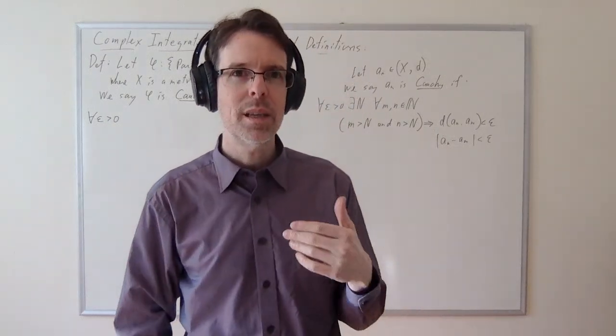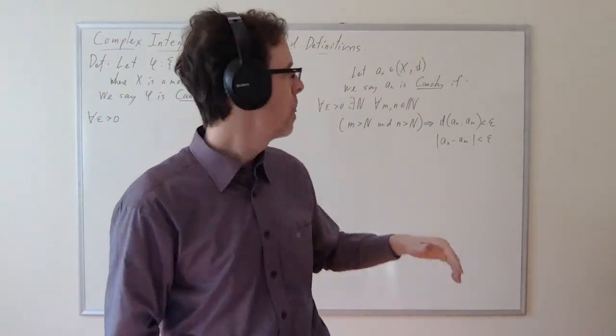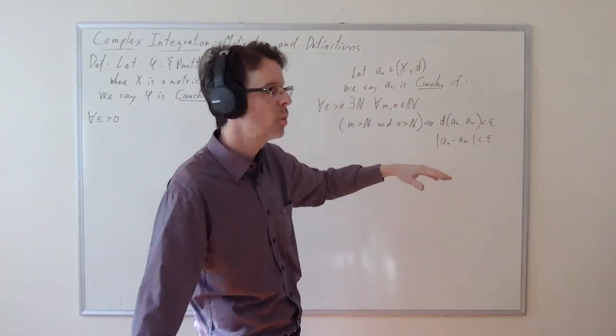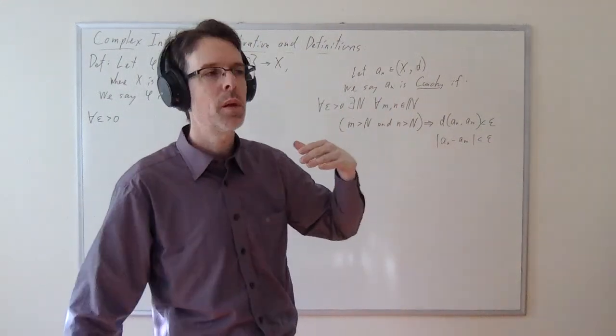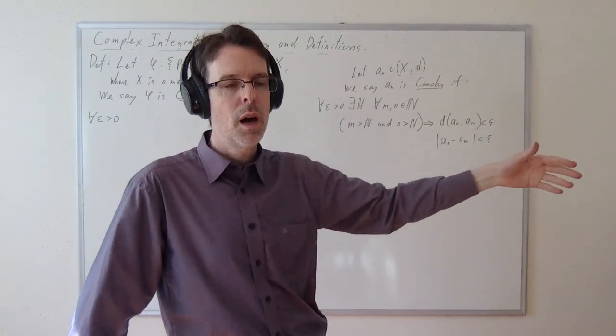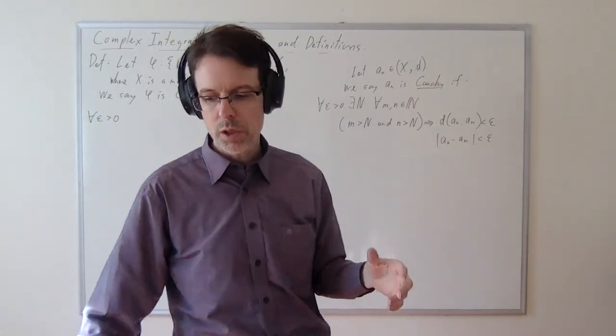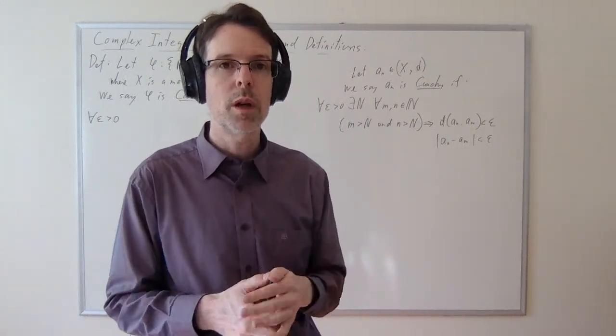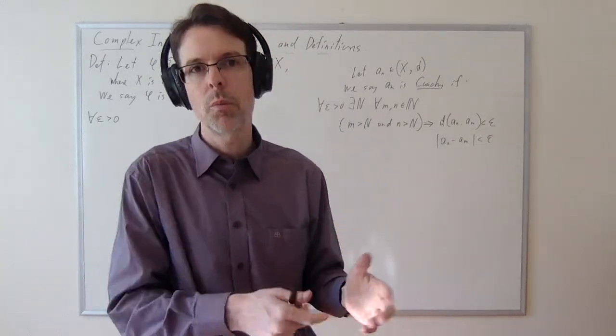Now, we would like to say there is some eventuality here. In the sequence case, the eventuality beyond which things work is the capital N, and then we consider any terms beyond that point. For partitions, think of them as gradually getting finer and finer, right? We're talking about the limit as the norm approaches 0.